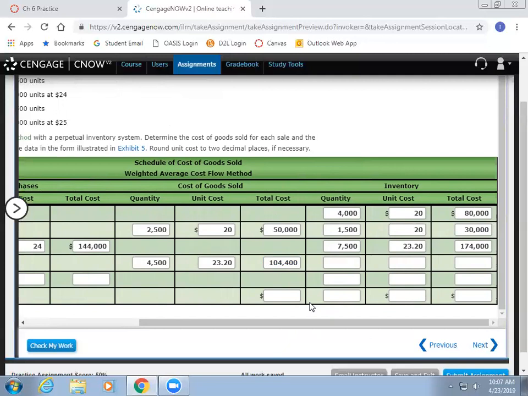And then we had 7,500 and we sold 4,500, so we still have 3,000 left at the $23.20 cost. So now our ending total inventory cost should be $69,600.